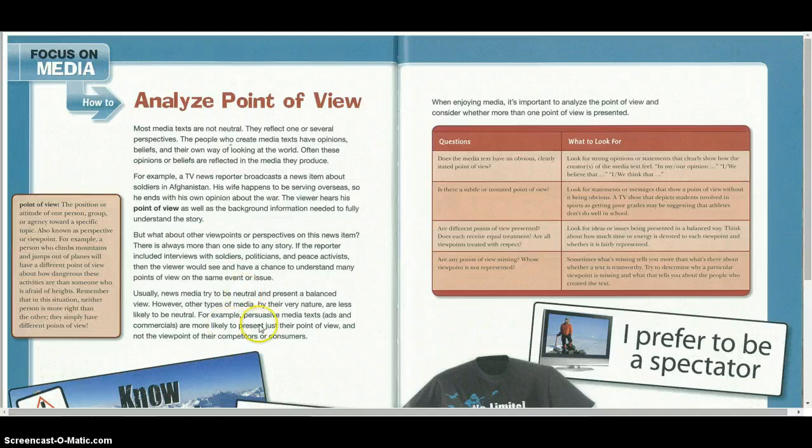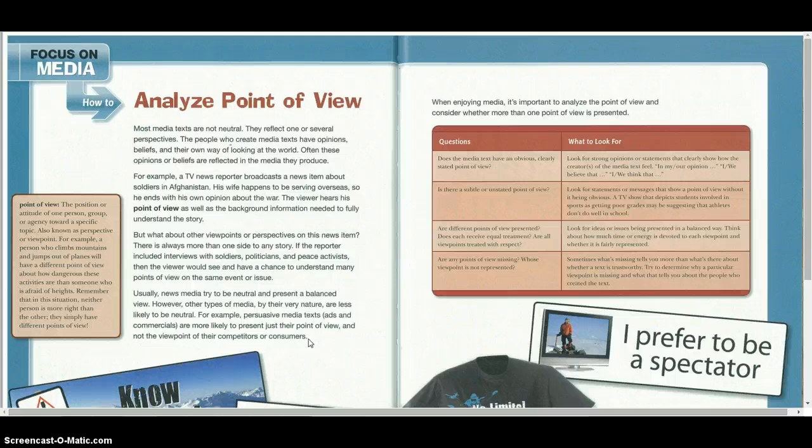But persuasive media texts like advertisers and commercials are more likely to present just their point of view and not the viewpoint of their competitors, like the other company, or you, the consumer. Of course, they're trying to persuade you to buy their product. So they're only going to tell you how awesome Coca-Cola is. They're not going to tell you anything about any bad points about Coca-Cola or any good points about Pepsi.